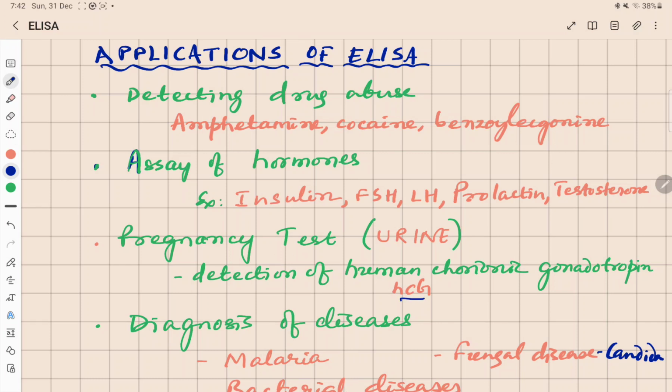Just by taking a drop of urine, we can say whether a female is pregnant or not.